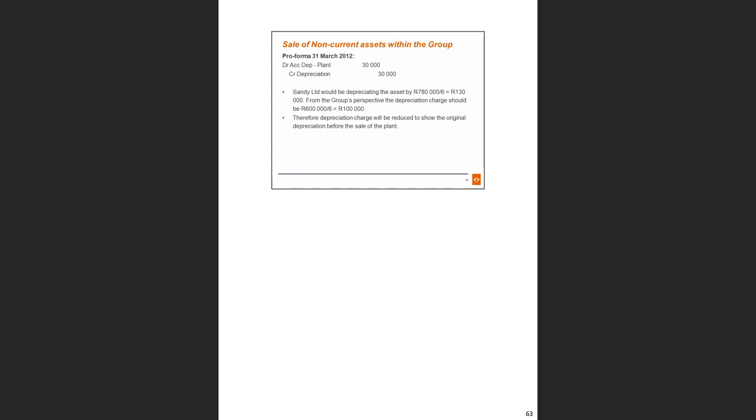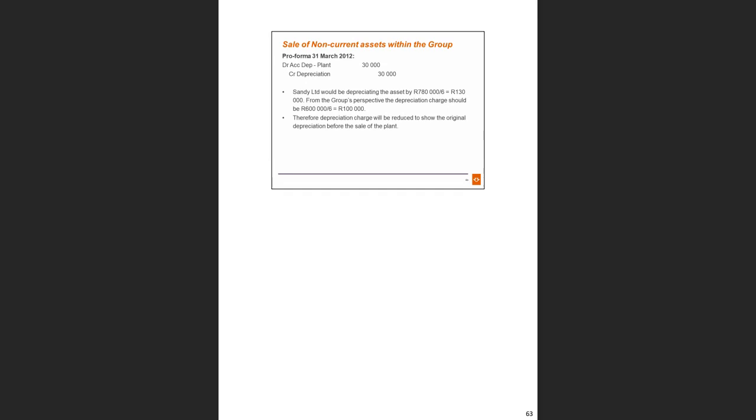Sandy would have depreciated the asset by 130,000, but from the group's perspective, the depreciation charge should have been 100,000 Rand based on the previous cost and useful life. So therefore, we need to reduce the depreciation so that we are bringing it from 130,000 Rand to 100,000.